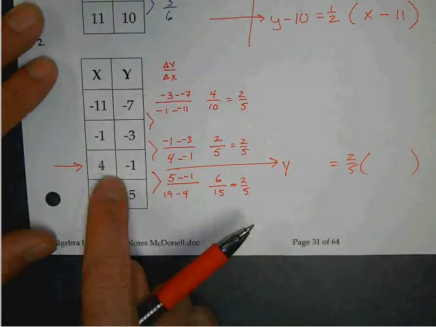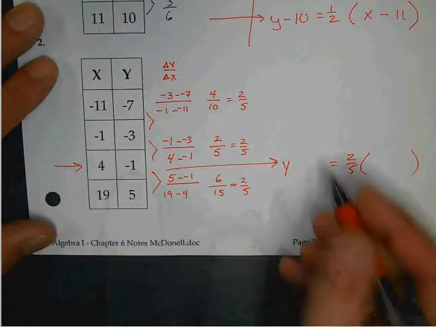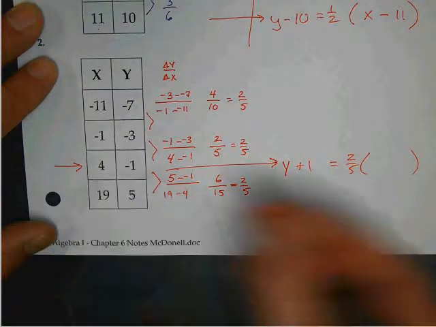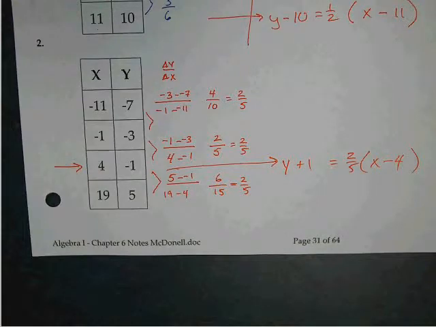What do I use here? Y minus negative 1 becomes what, Brett? Y plus 1 equals 2/5 times x minus 4. There are 3 other equations just like before. We're not going to write those, but those are my 3 answers. Okay? So, is it consistent? The answer is yes. Thumbs up. If it's consistent, model it with an equation of some sort.